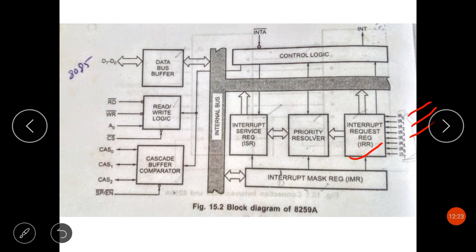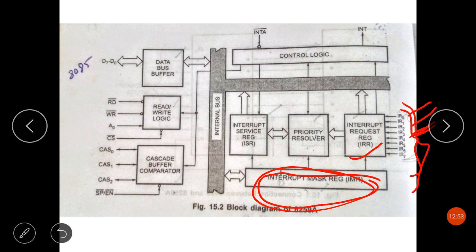There are 8 interrupt requests, and among these 8, if we set the interrupt mask register for a corresponding interrupt request, then that interrupt request won't get serviced because it is masked here. So this interrupt mask register makes it possible to mask individual interrupt requests.